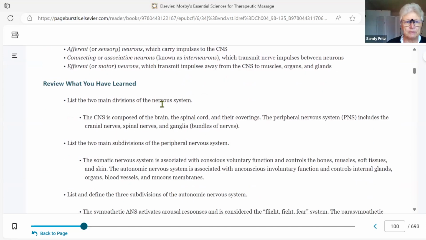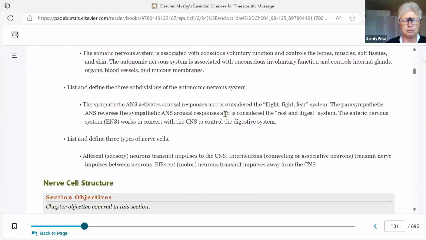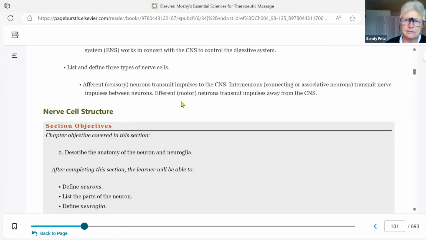This helps you review what you have learned, helps with embedding this information. We're going to get down to the cellular structure now. And even though we don't directly touch a cell, we're more apt to touch a tissue or a tissue conglomerate, like the skin and the superficial fascia and all that.